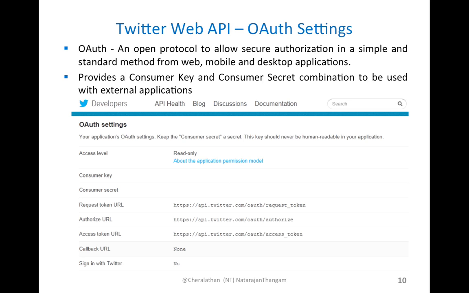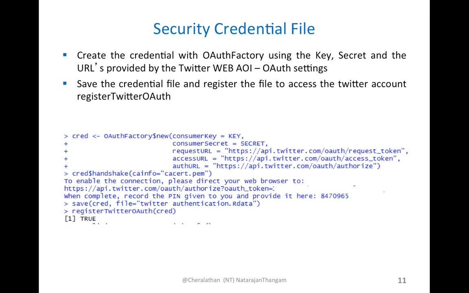Once you have these keys, you go back to your R environment, and since you have already loaded the API, you can call the OAuth factory and pass the key, secret, and URL, and then you create a credential, and you create a handshake with that credential.